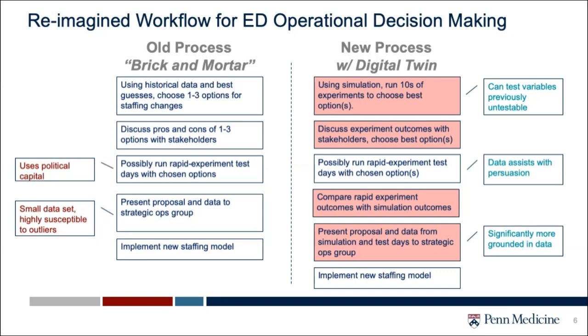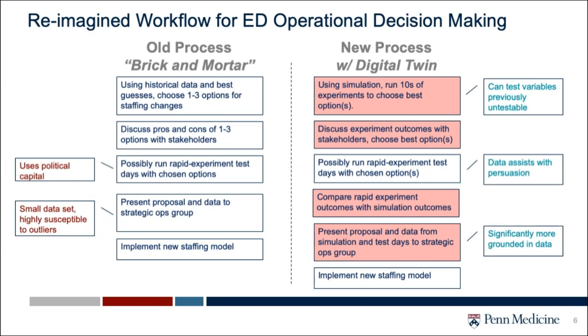You can discuss those experiment outcomes with your stakeholders, choosing the best options out of multiple tested options. Then you still want to run the in situ experiments, the live experiments. But here you have a lot more data to assist you with persuading people that it's worth running these experiments, worth changing their schedules and taking that risk.